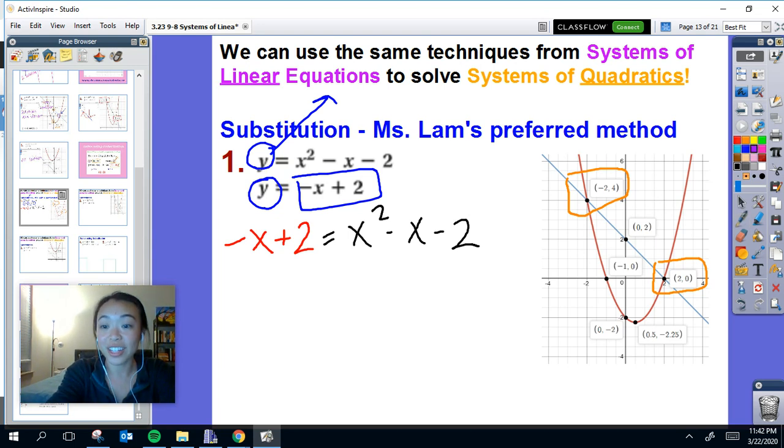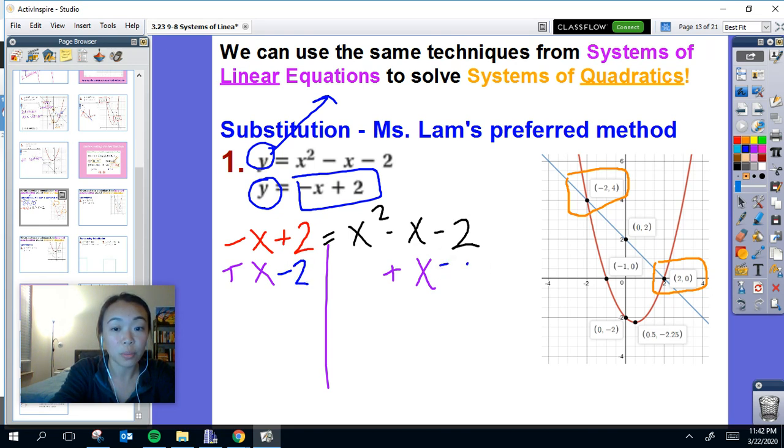When I solve quadratics, I want them to equal 0. So I'm going to move everything to one side so that the whole thing equals 0. That means I need to add an x to both sides. And that means I need to subtract this 2 from both sides. When I do that, these cancel and these cancel.